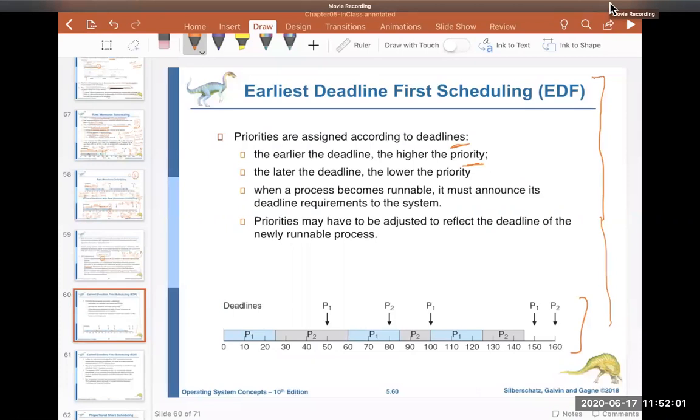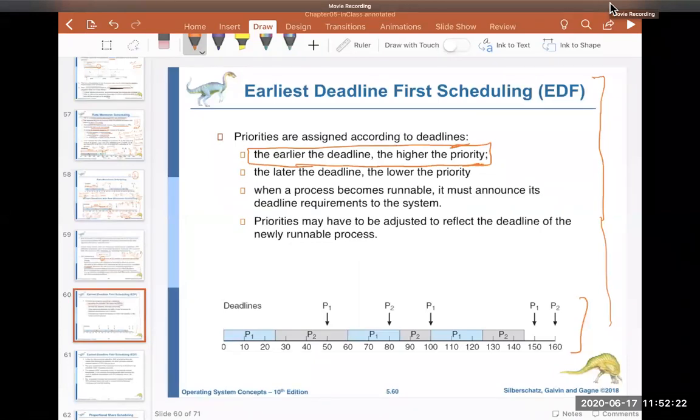So the earlier the deadline, the higher the priority. Whenever a process is added to the ready queue, it always looks at the pending deadline of the process, and based on that the priority is given.